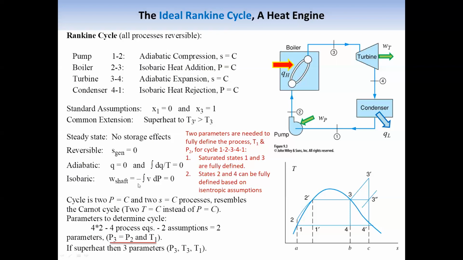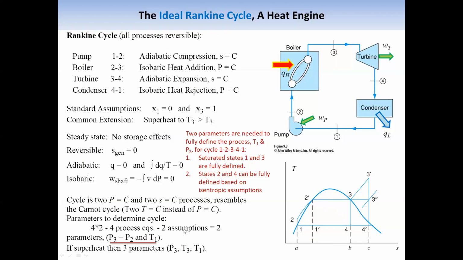If we analyze the standard idealized cycle, 1, 2, 3, 4, and a return to 1, let's look at how many variables we need to stipulate before we can analyze the fluid states at all these 4 points.